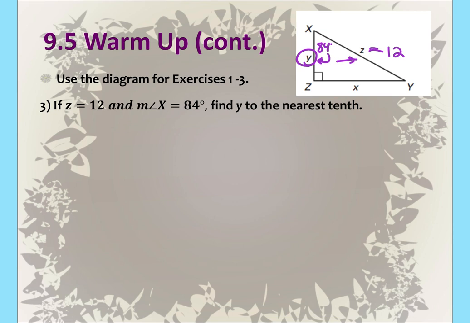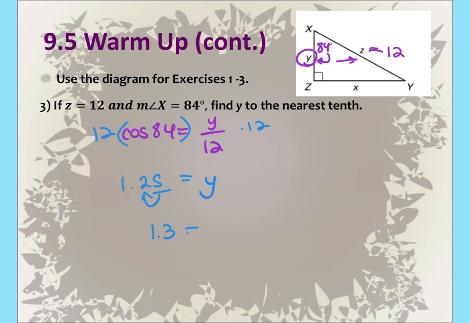Hypotenuse, and which trig function uses adjacent and hypotenuse? Cosine. So the cosine of 84 is y over 12, and now the number's in the bottom, so we multiply. And I get 12 cosine 84. 1.25, this is going to bump it up, so 1.3.